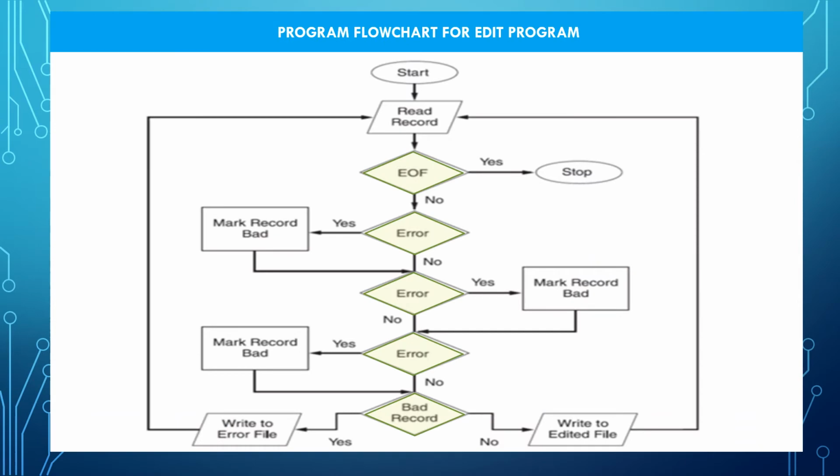This is an example of a program flowchart for an edit program. You can see we start with the oval, and then when we have the diamond, it means a decision. So a decision should be yes or no. If it is no, then we go beyond. If yes, then we stop and start again.